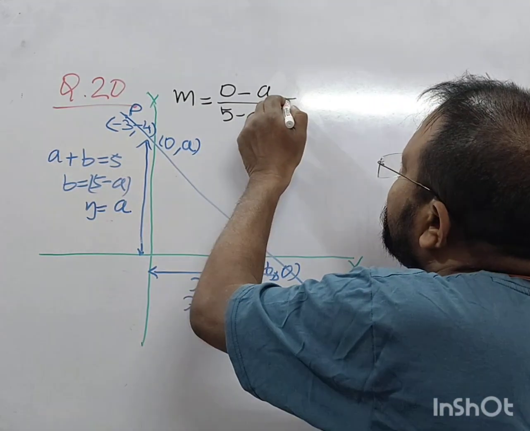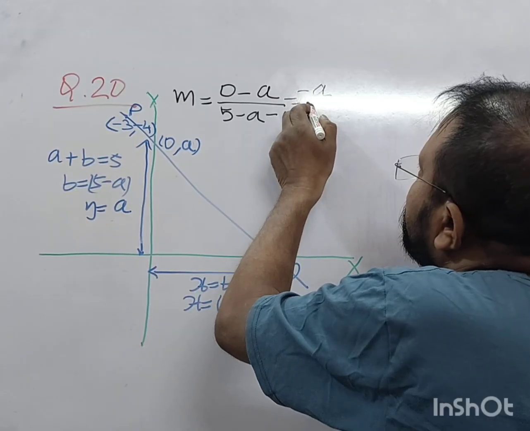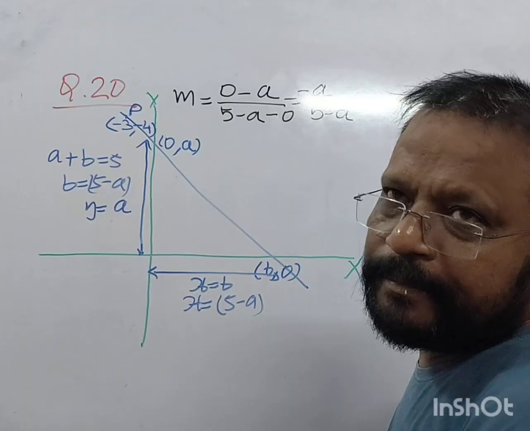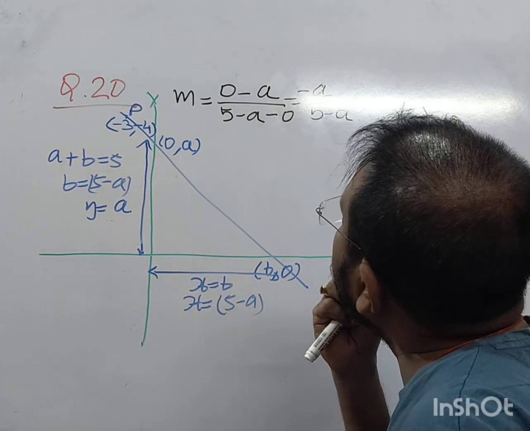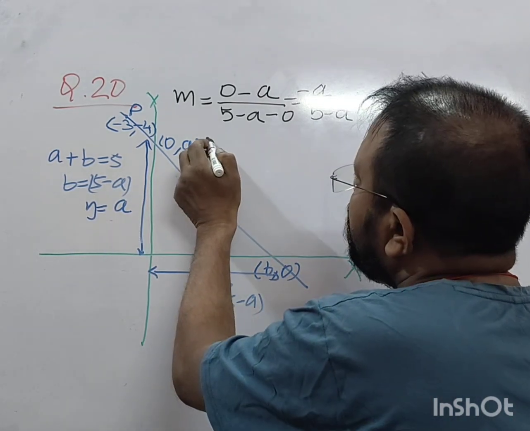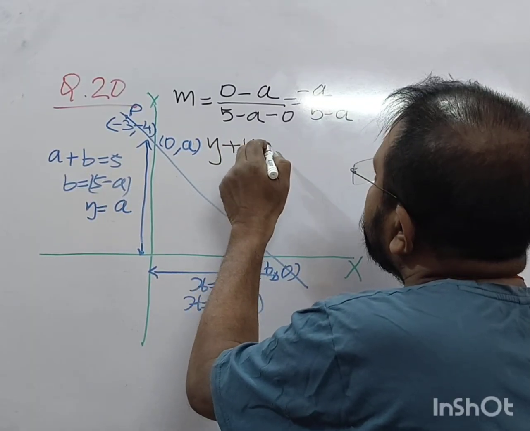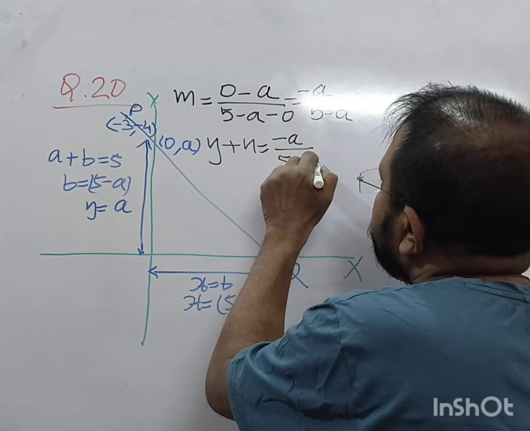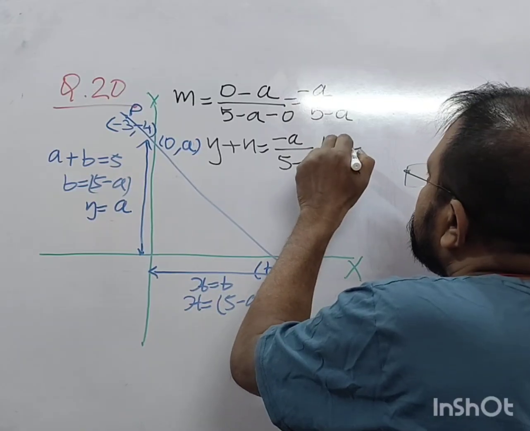So we get negative A upon 5 minus A. Now y plus 4 is equal to minus A upon 5 minus A, bracket x plus 3.